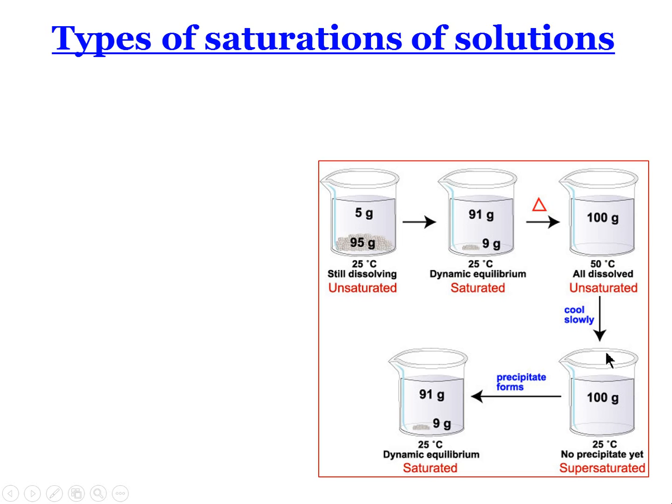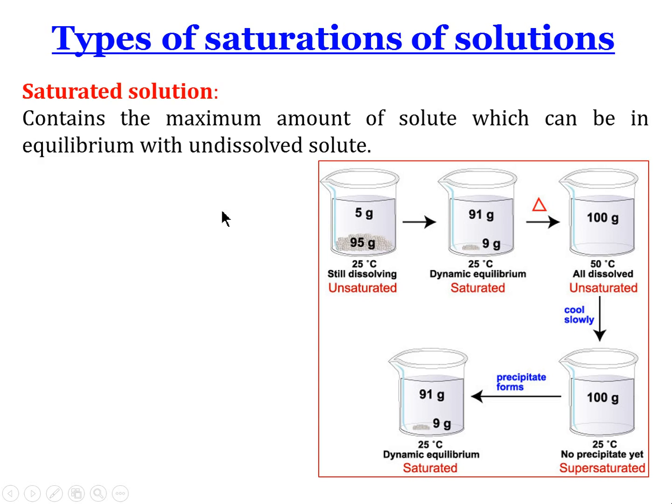If we cool this solution, or we keep the solution at 25 for a while, we observe that 91 grams of NaCl are dissolved, and we have the appearance of 9 grams of precipitate. So we return to the dynamic equilibrium, to the saturated solution.